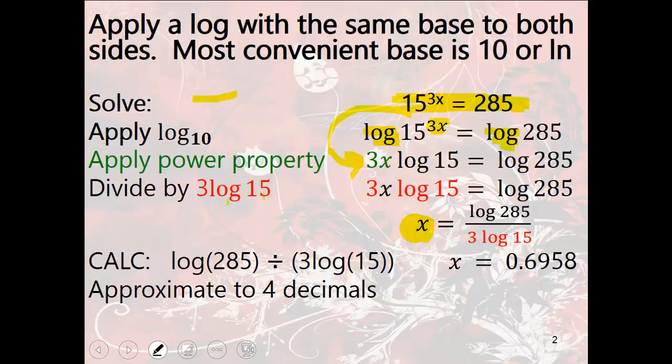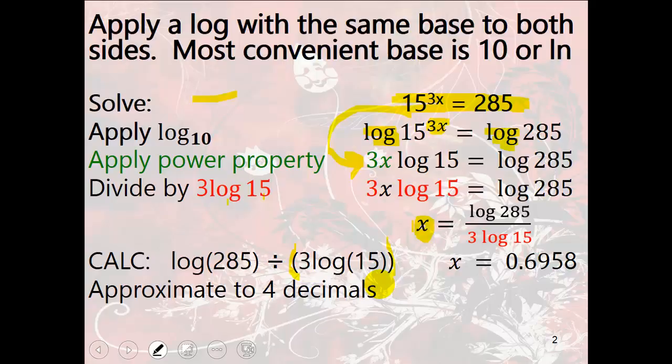This next line shows you the calculator procedure. I press the LOG button, which gives me log base 10. It gave me an open parenthesis, so I plugged in 285 and closed it off. Then I hit my division sign, and this is where you have to be careful. We want to divide by the whole thing, 3 times log base 10 of the input 15, so I have to put parentheses around the whole thing, not just the 15, the input into the log.